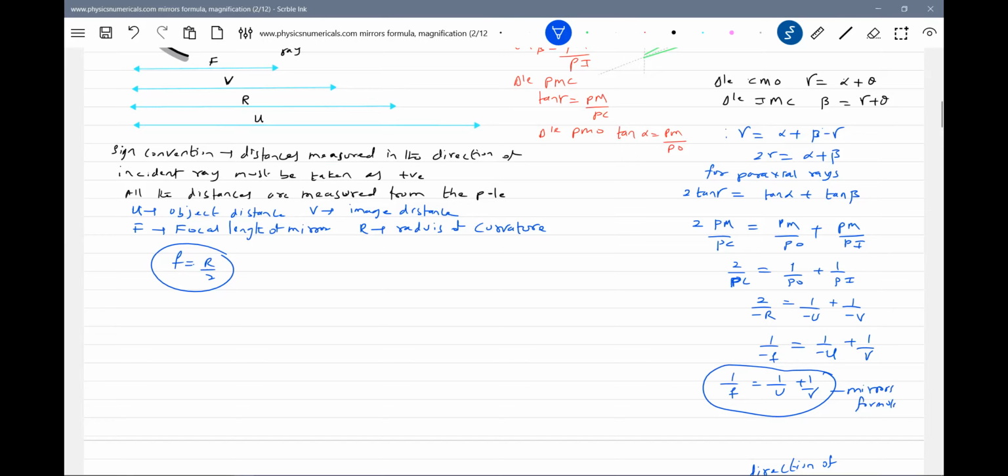You can write it in various forms: F is equal to UV by U plus V, where you substitute U and V, substitute known values with sign. Again, you have to substitute here. Okay, look at these signs. I think this will be really very important.